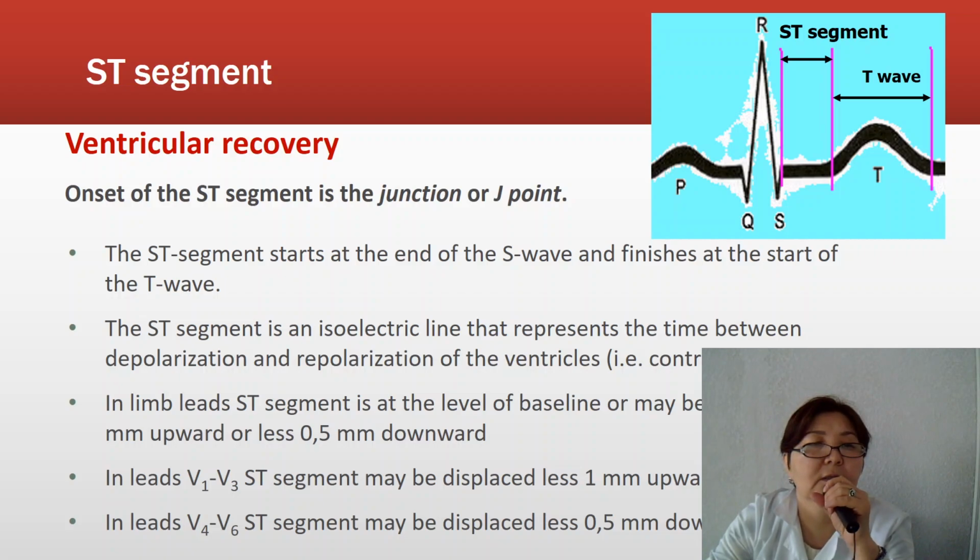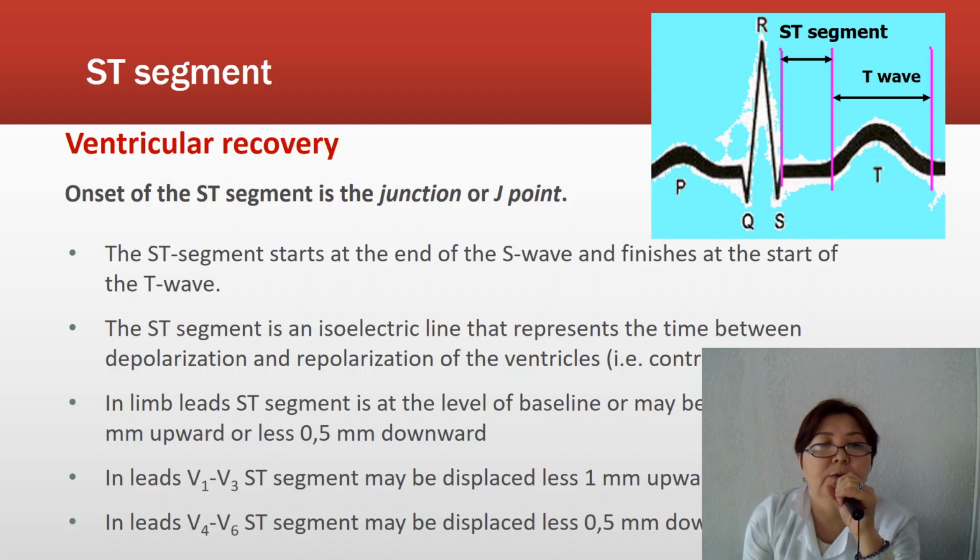ST segment, ventricular recovery. It starts at the junction or J point. The ST segment starts at the end of the S wave and finishes at the start of the T wave.